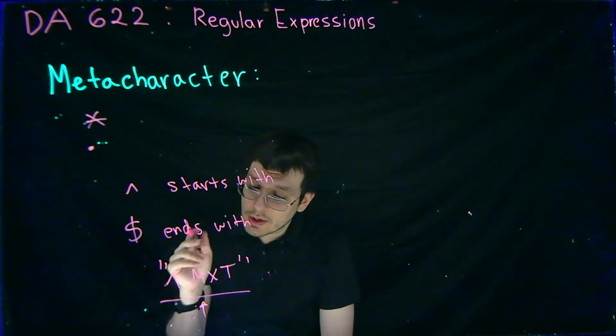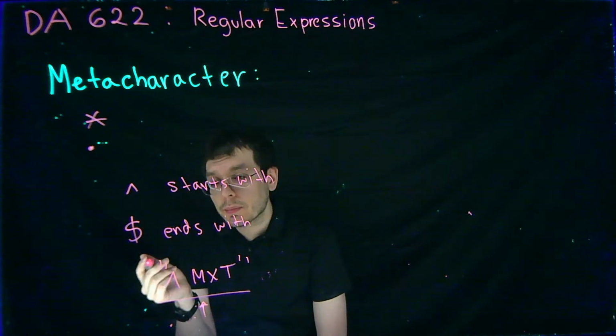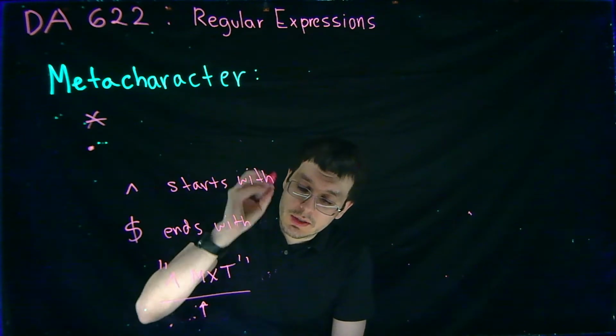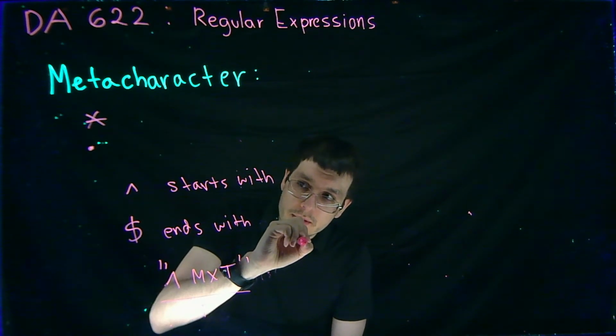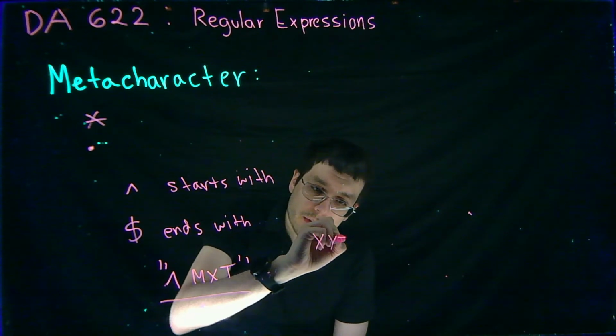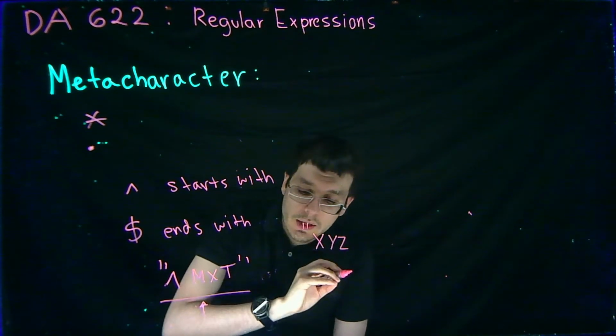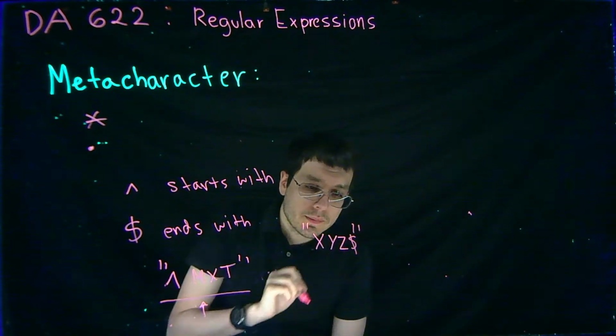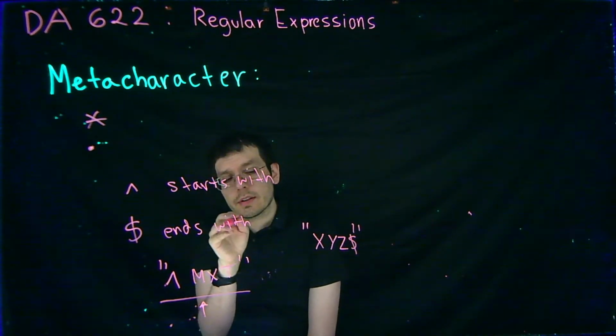Ends with is the same thing. It'll look at the end of a string before white space appears in the text. So let's say you're looking for everything that ends in the letters XYZ. What you would do is put a dollar sign here and say, I would like all strings that end with XYZ.